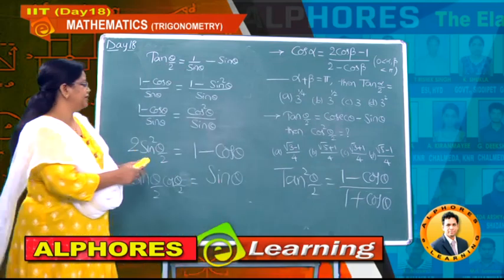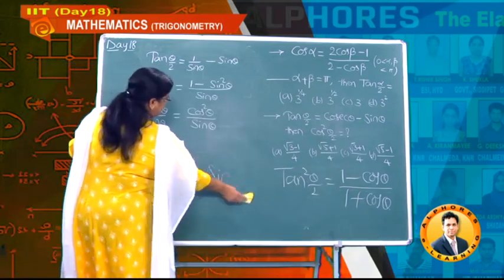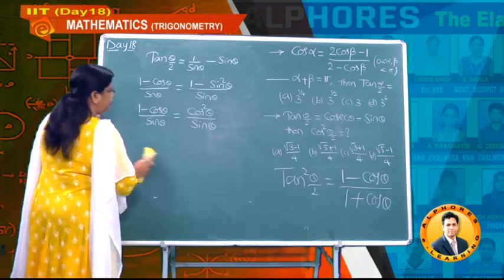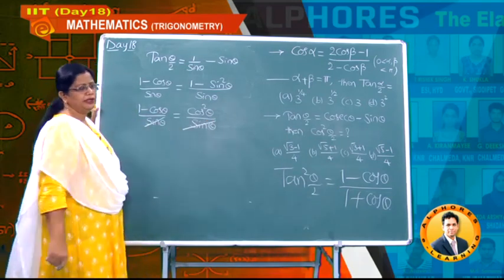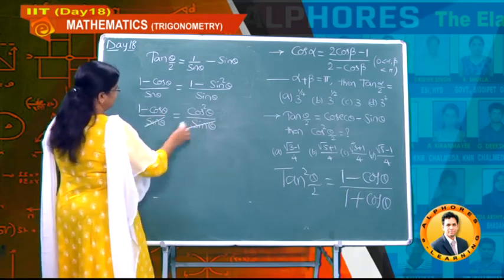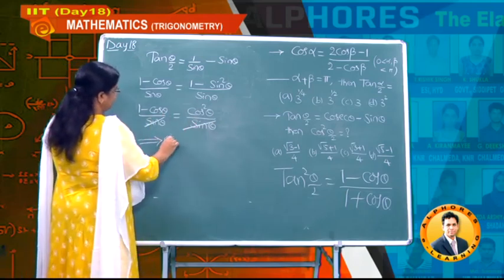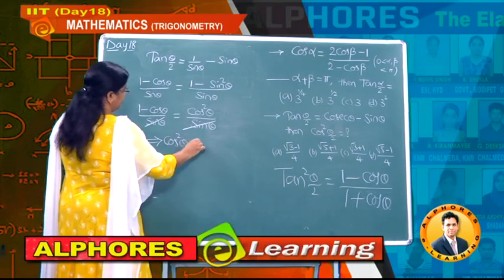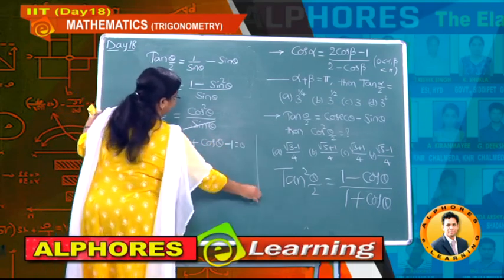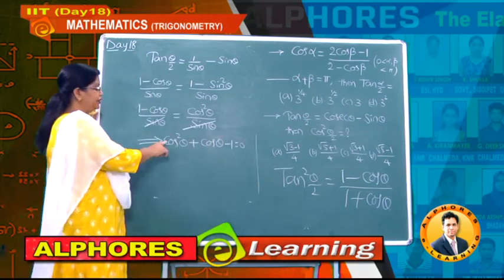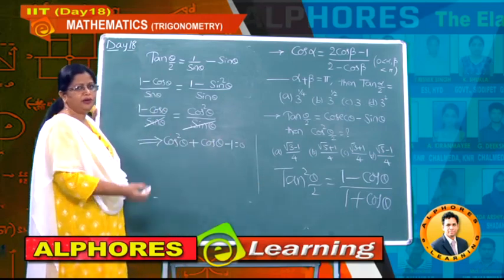After this step, you have the idea clearly. The denominator we can remove, that means you can cancel it, and let us take all values on one side. Thereby you got cos square theta plus cos theta minus 1 equal to 0. Understand?